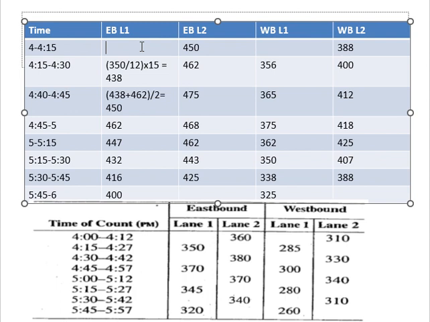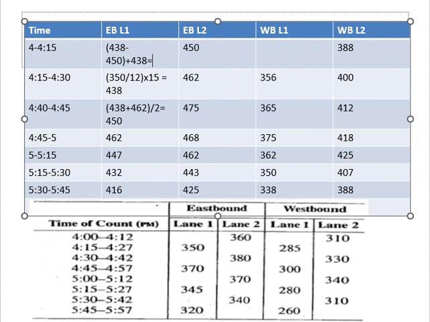So you will do it like this: 438 minus 450, plus 438. The difference is negative, right?